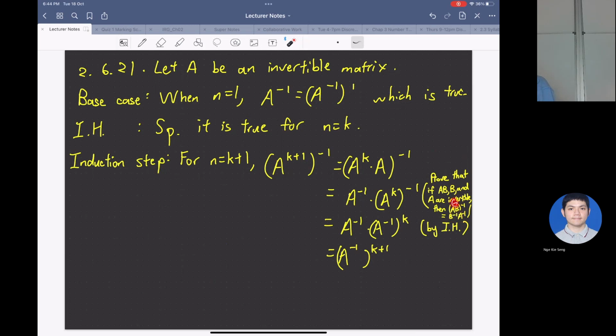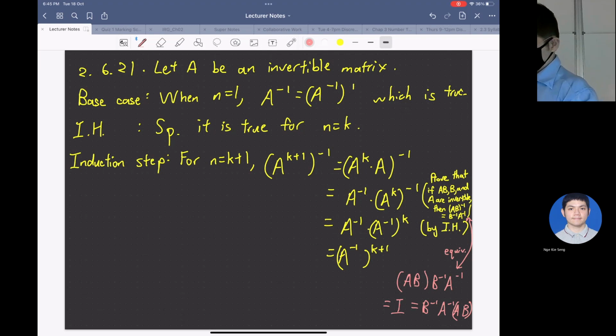So swap the order and then take the inverse. To check this, if you're really desperate, this is just to check that AB times B inverse A inverse equals the identity, equals B inverse A inverse times AB. This is equivalent to checking how you check that a 2 by 2 matrix and its inverse are inverse to each other.